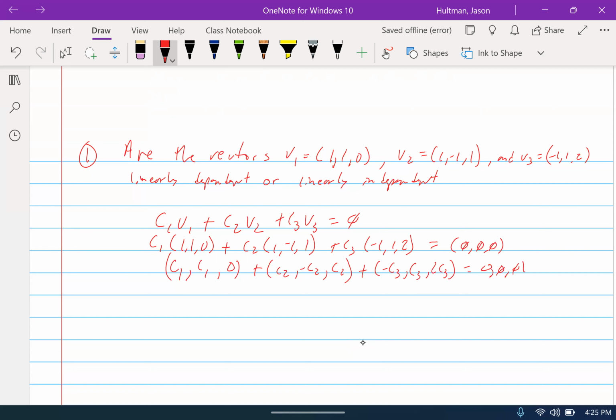Now I can set up a system of equations by adding the components together. I can say C1 plus C2 minus C3 is equal to 0.